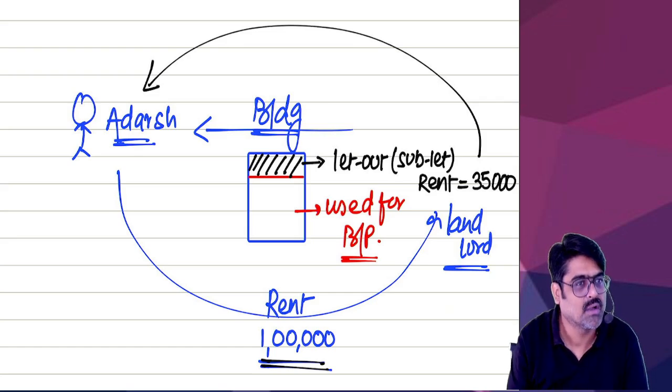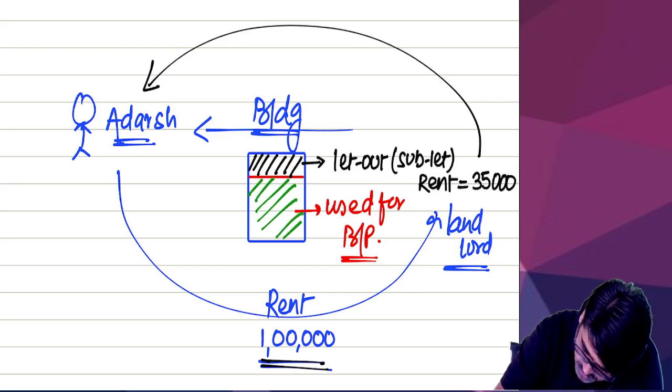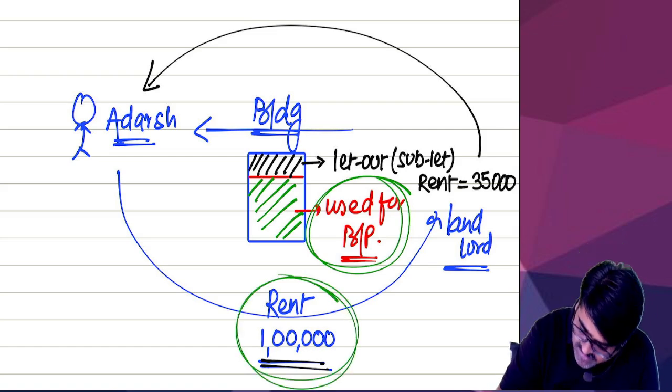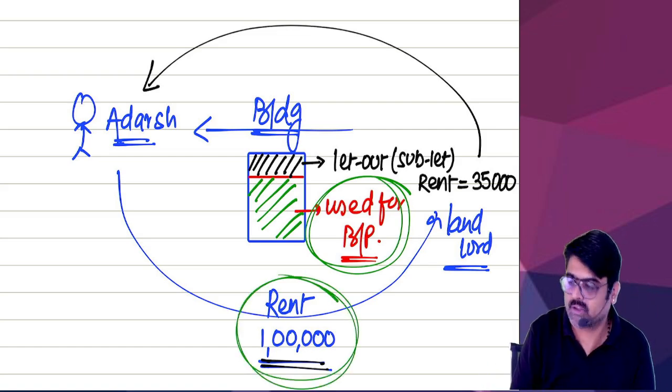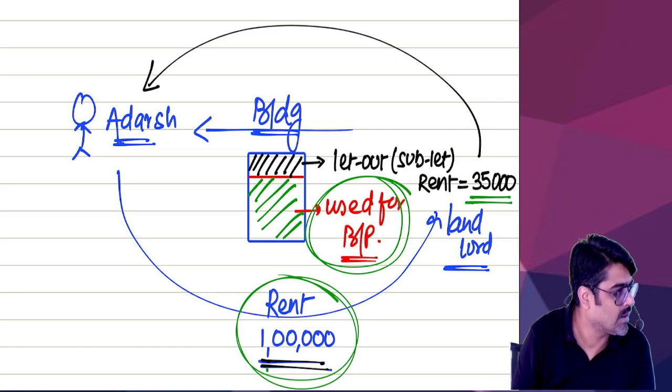Understood or not? So how much will be the rent for this portion which is actually used for the purpose of business or profession? Should it be 1 lakh? The answer is no. It should be 1 lakh minus 35,000 which he has already recovered.